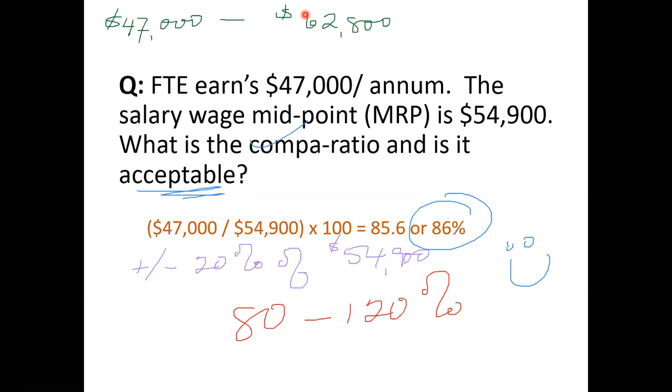So best practice, not to mention, EEOC is going to say, listen, you're not always going to be at the midpoint, and you're not always going to be at the top of the range. So we say that 20% above or below the midpoint is actually a safe zone. It is a fair, safe gray area. But let's say I were to come in and say, you know what, I'm only being paid $47,000 or maybe even less because I'm female.